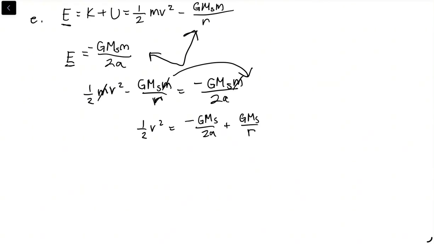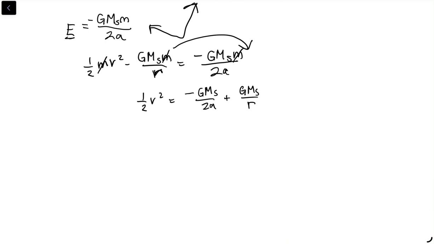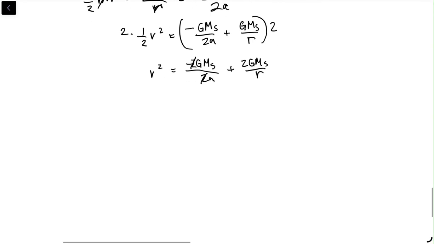And then I'm going to multiply this both sides by 2. These 2's cancel out. And then I'm going to square root both sides.